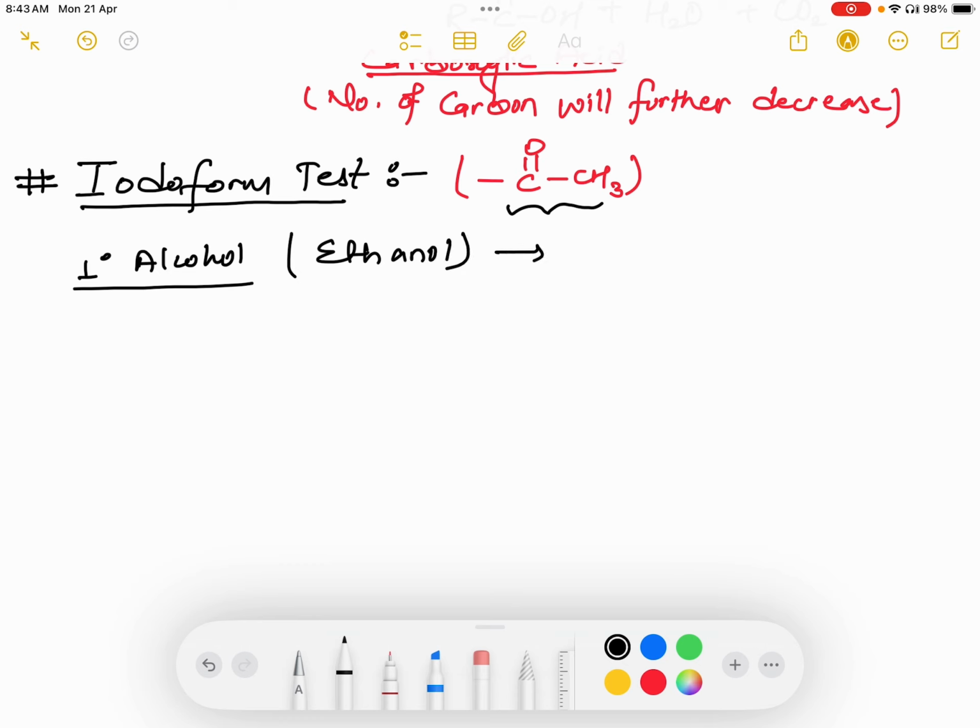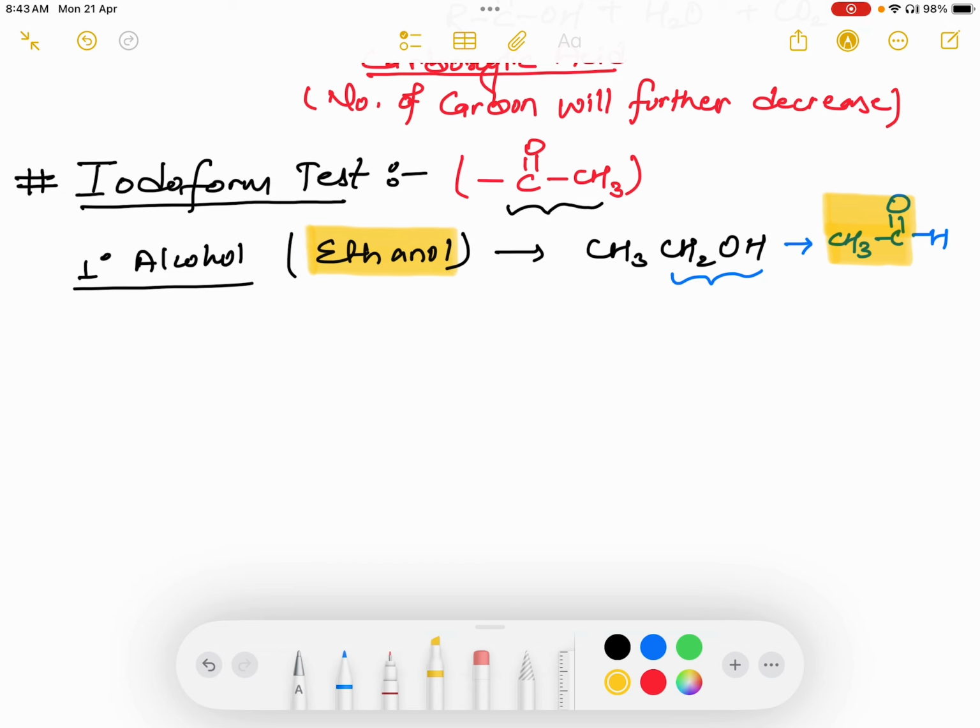If I have 1 degree alcohol, or ethanol. What is ethanol? CH3CH2OH. Recently, I said that this group can be oxidized into CH3, C double bond O, H. So here, can you visualize this thing? CH3CHO, CH3C double bond O. So we can say that this will give a positive iodoform test.